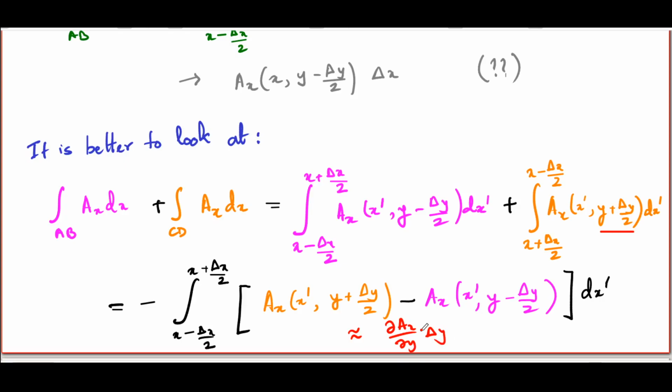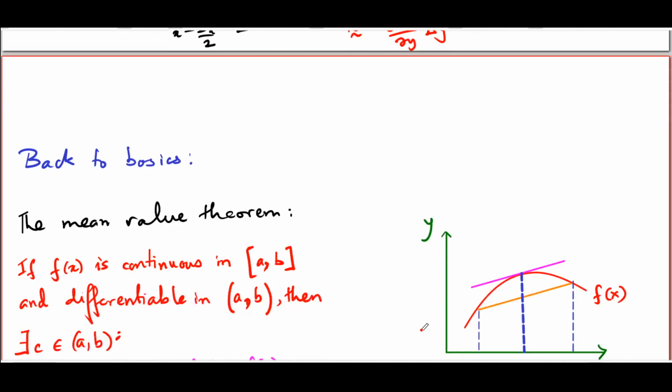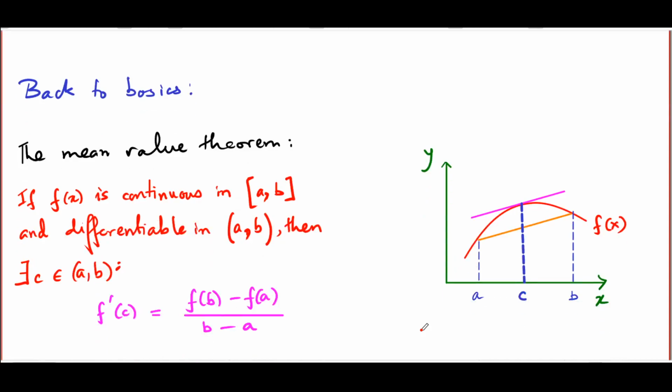To do this in a bit more careful fashion, what we need to do is go back to the basics of mathematics, to a result which is very familiar to all mathematics students, at least college students of mathematics, the so-called mean value theorem. This is a very, very well-known theorem, and you will find a proof of this theorem in any elementary calculus textbook. I'm not going to bother giving a proof here, but let me just describe to you what the theorem says.